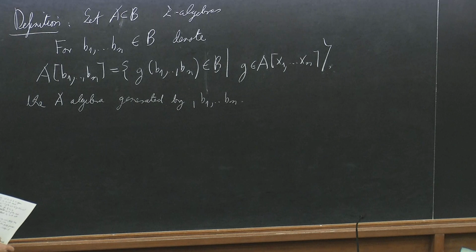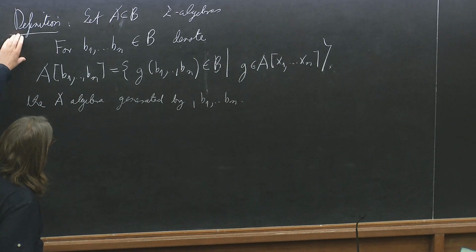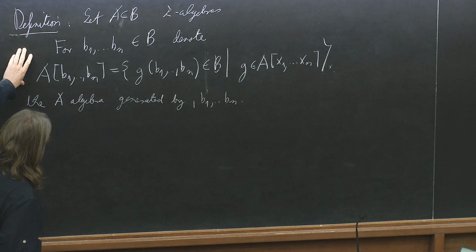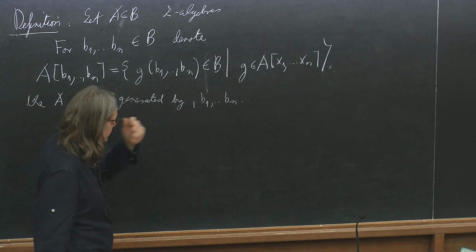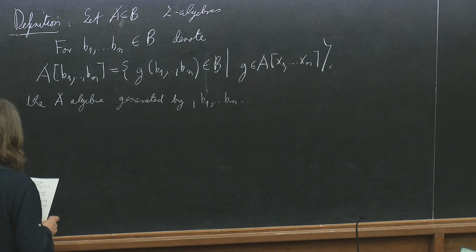So now this algebra is called finitely generated over A if I can do it like this with finitely many elements.